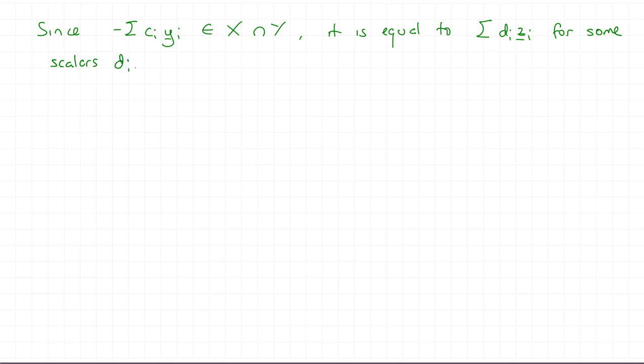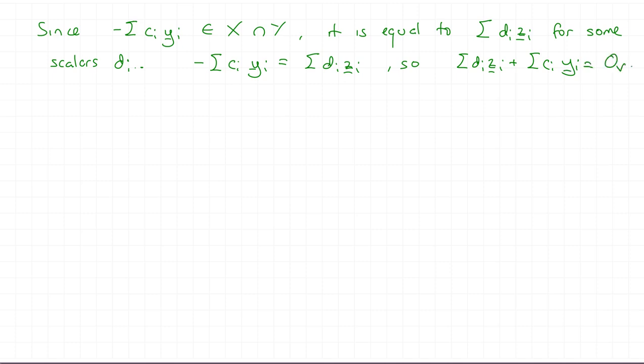What have I got then? I've got minus the sum of the ci yi's is equal to the sum of the di zi's. So just kicking the y's back onto the other side of this equation and then flipping it over, I'll get the sum of the di zi's plus the sum of the ci yi's is equal to the zero vector in V.